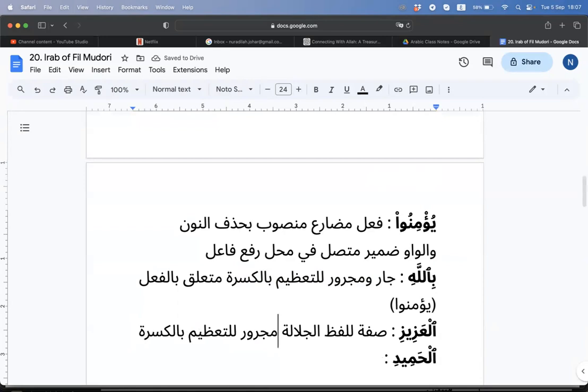Good. And what about al-Hamid? Al-Hamid is also sifa. This is not sifatu al-Aziz, although obviously it's matching, right? This is actually because you can have many sifa.